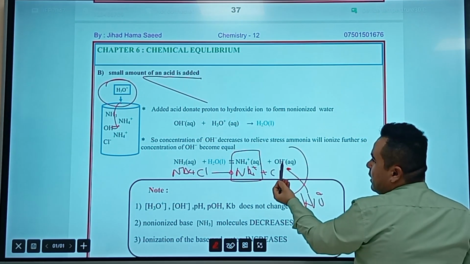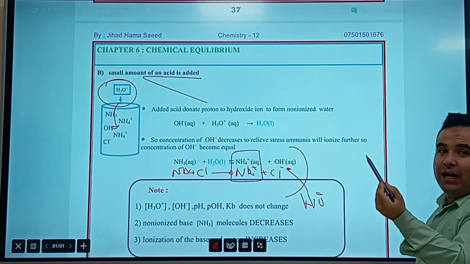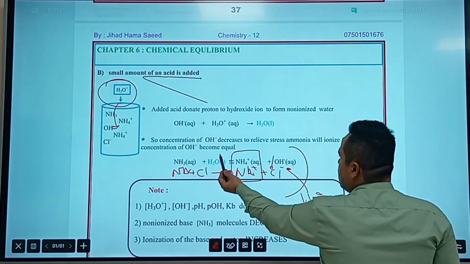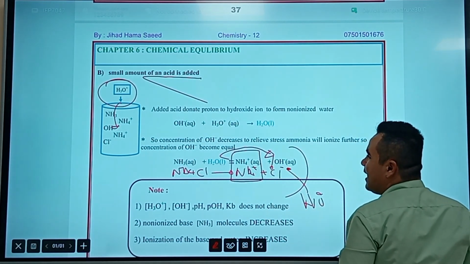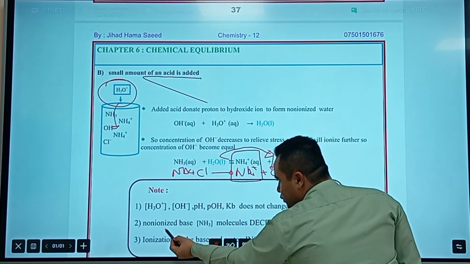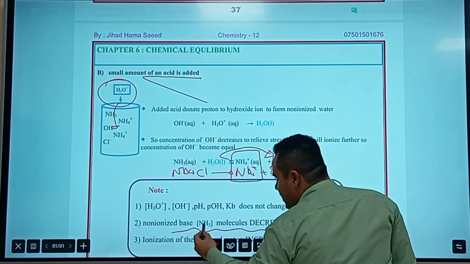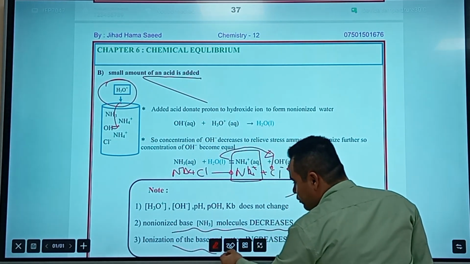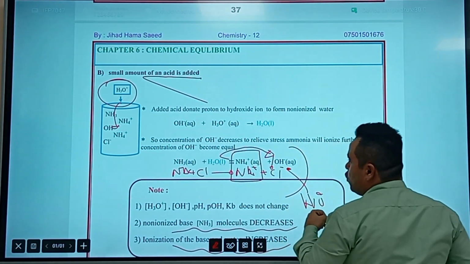As hydronium is added, it will react with the hydroxide, and hydroxide will initially be reduced, so the direction shifts toward the product side. As the direction shifts toward the product side, the concentration of the weak base molecule decreases, but its ionization increases.